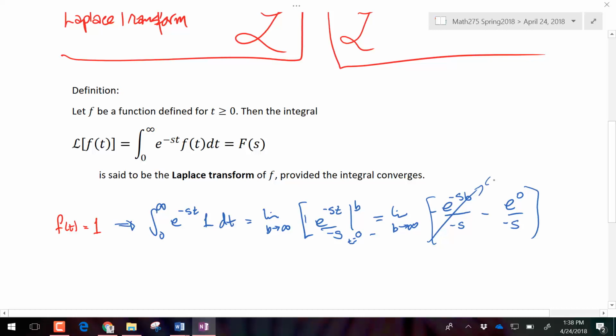And because as b goes off to infinity, we have e to the negative infinity that goes to 0. And then we just have 1 over s, negative, negative, so that's a 1 over s.